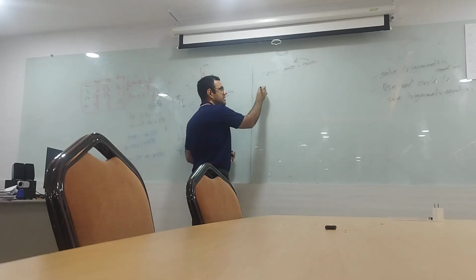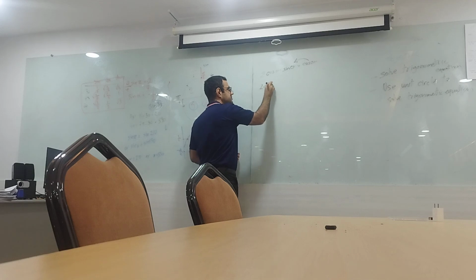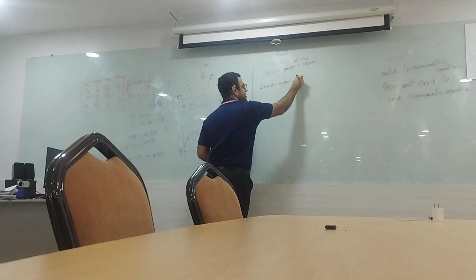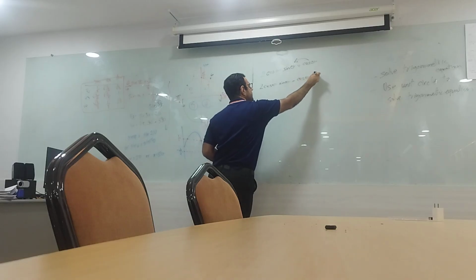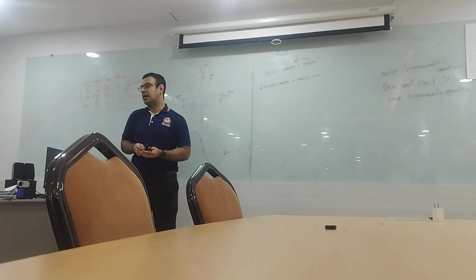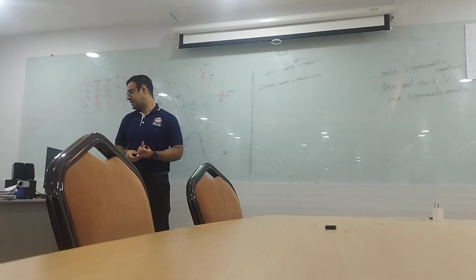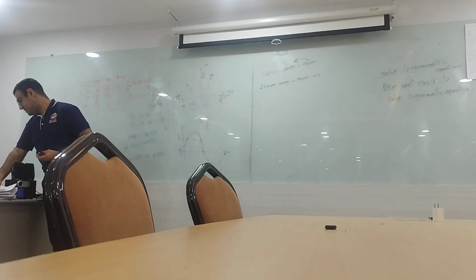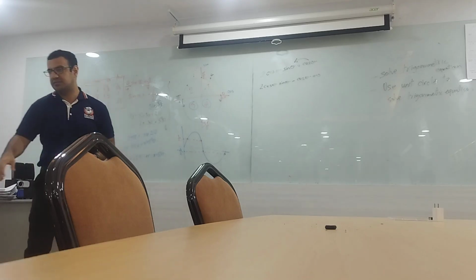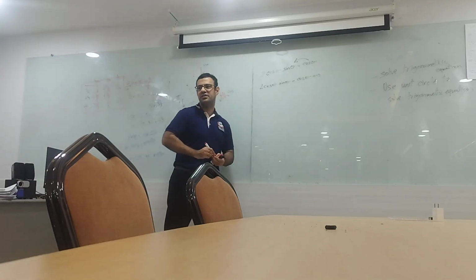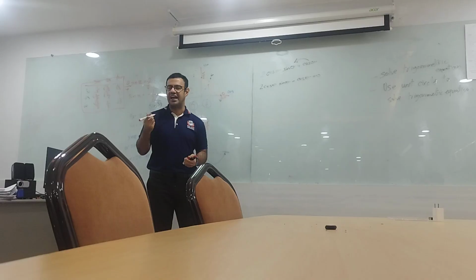So 2 cosine theta sine theta minus cosine theta equals 0. What should I do next? Factor.